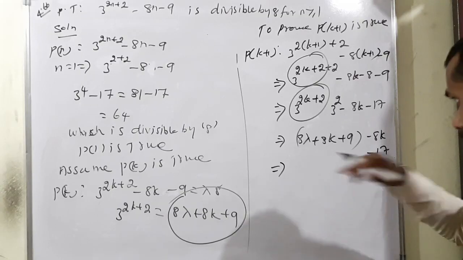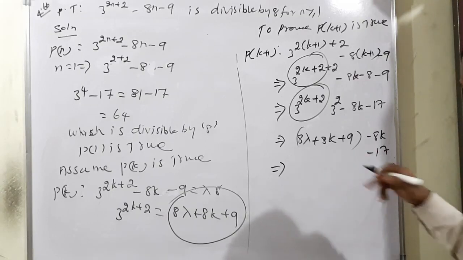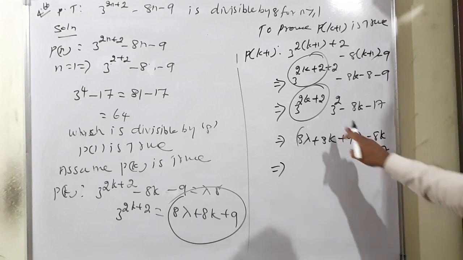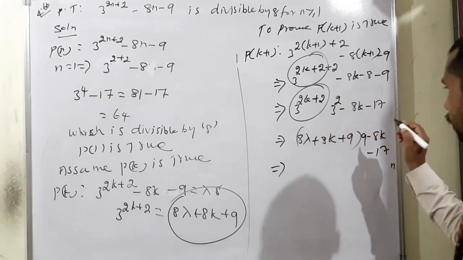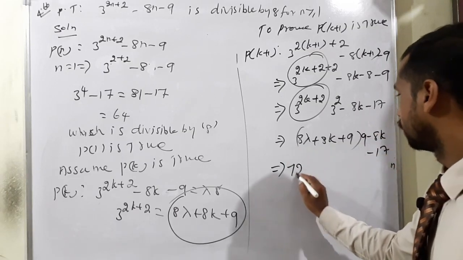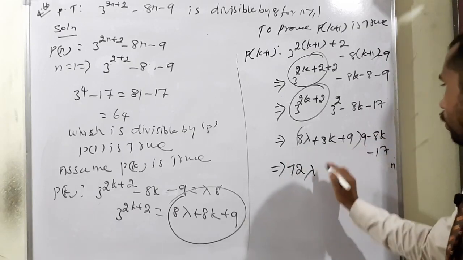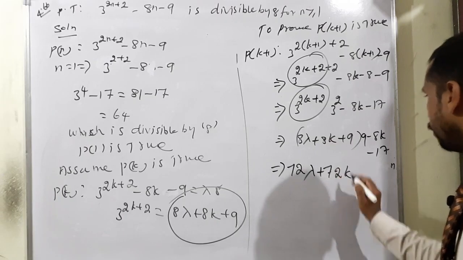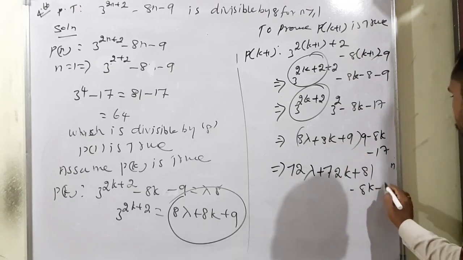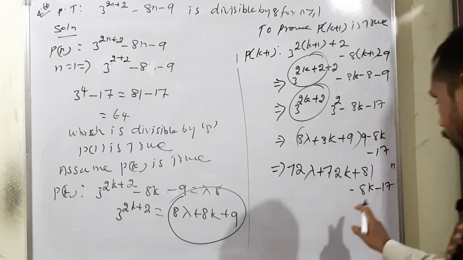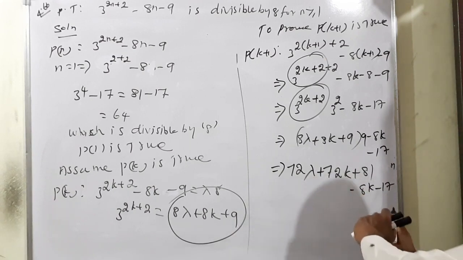Sorry, here one thing is missing. This is multiplied by 3 square, which means 9 will come, isn't it? Again 9 into 8 means 72 lambda, 9 into 8 means plus 72K, plus 9 into 9 is 81, again minus 8K minus 17. Now we have to cancel whatever like terms and unlike terms.